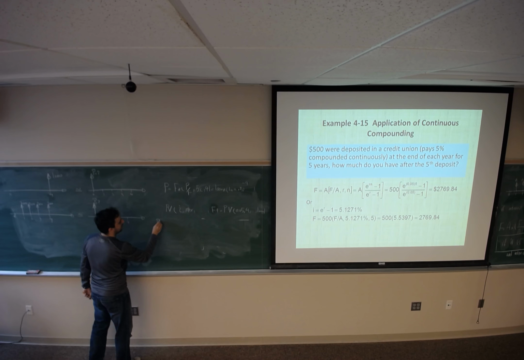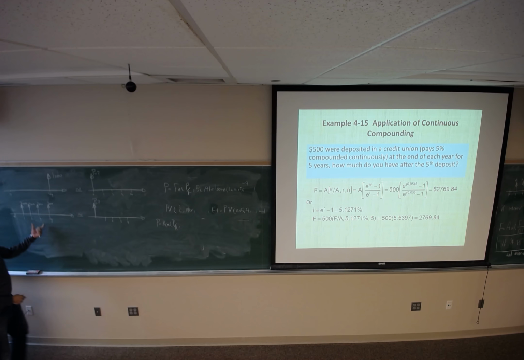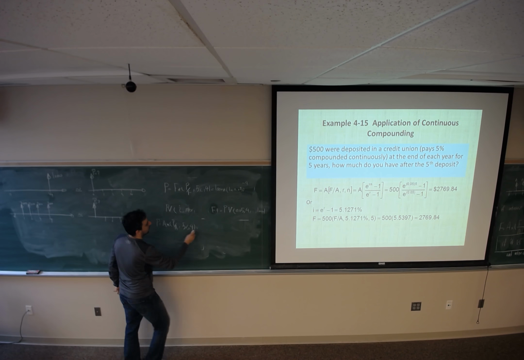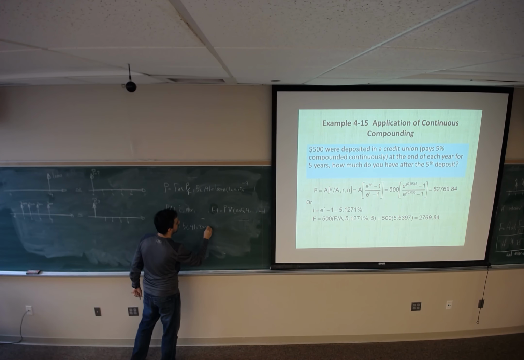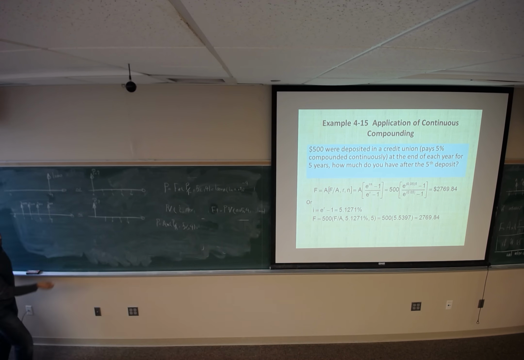Present value would be A times P over A. Interest rate is 5% still. N is 4. 200 times, never mind, I don't remember the equation. We are using just a factor.